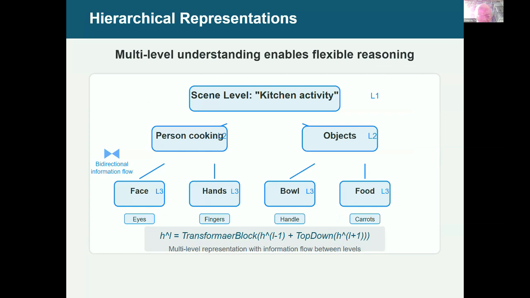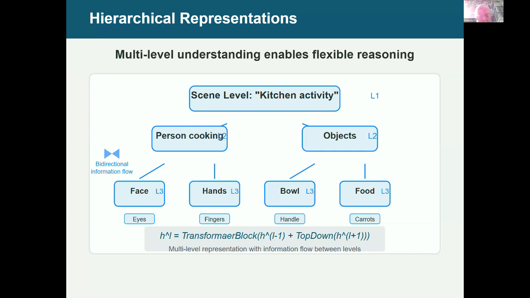At the top level, we might have a scene representation like kitchen activity. At the middle level, we have entities like person cooking and objects. And at the lower level, we have specific features and parts like faces, hands, bowls, and food items.